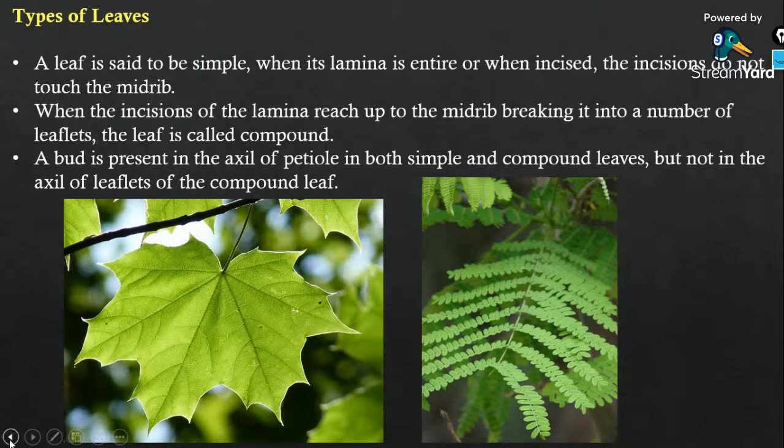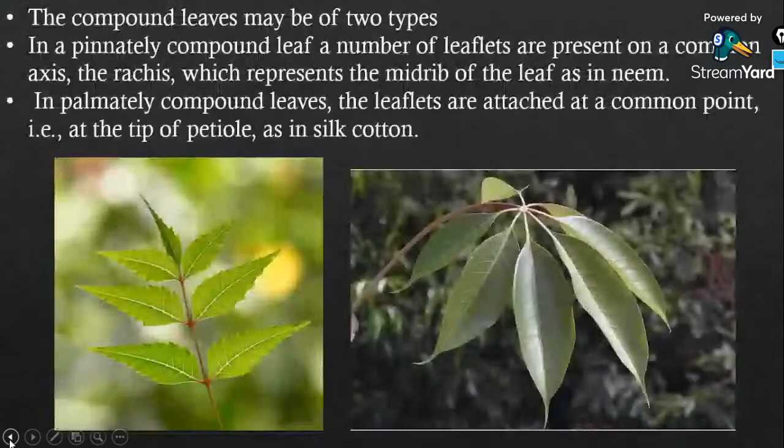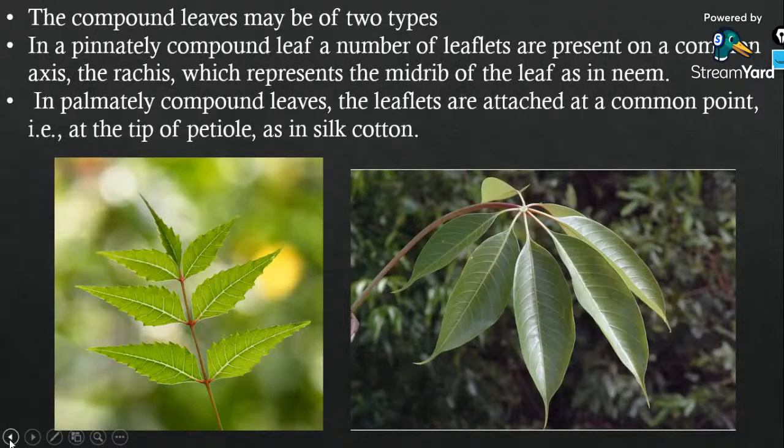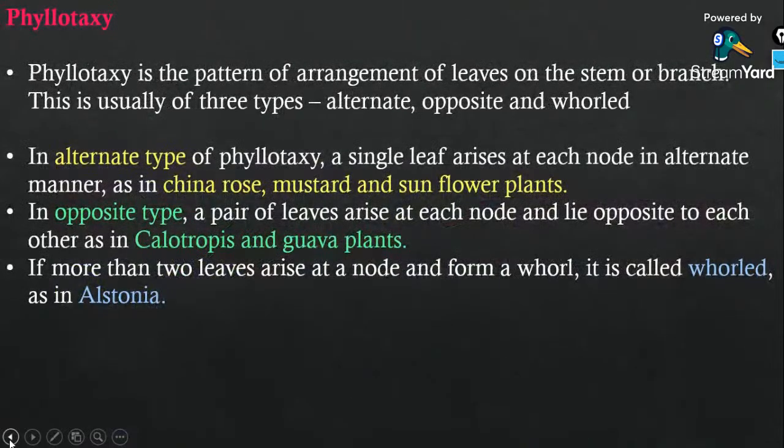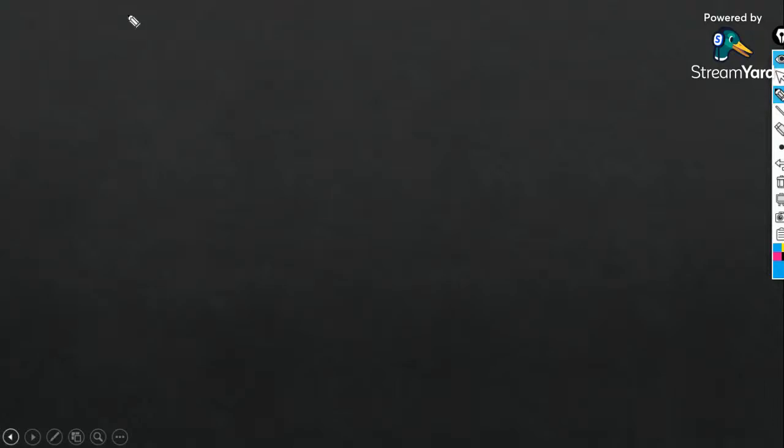Tell me an example for a pinnately compound and a palmately compound leaf. Pinnately compound leaf example is the neem, and palmately compound leaf example is the silk cotton. Done? Next topic is the phyllotaxy.